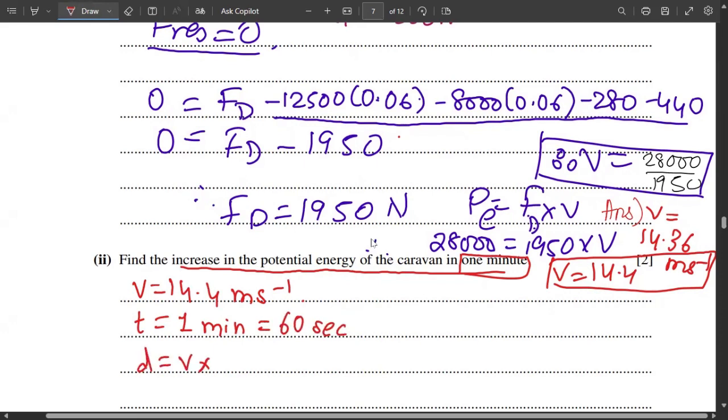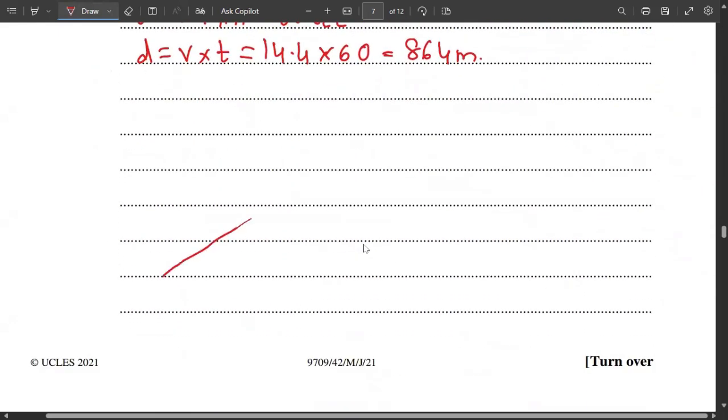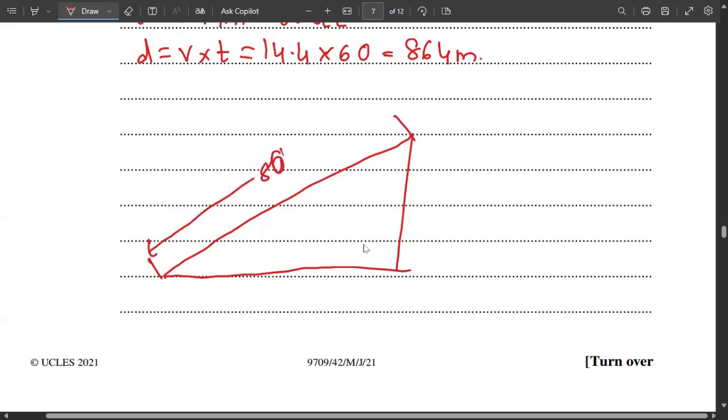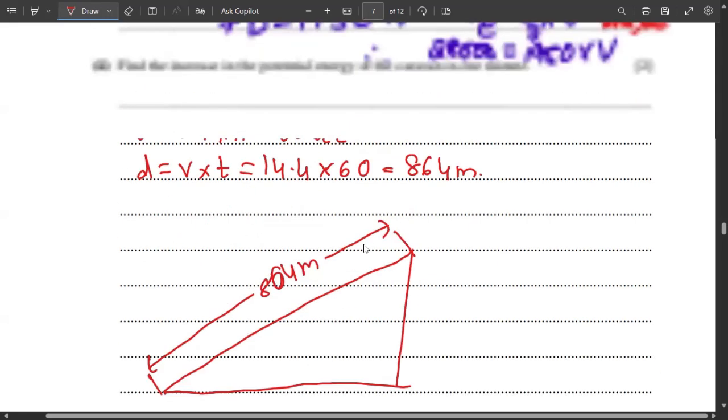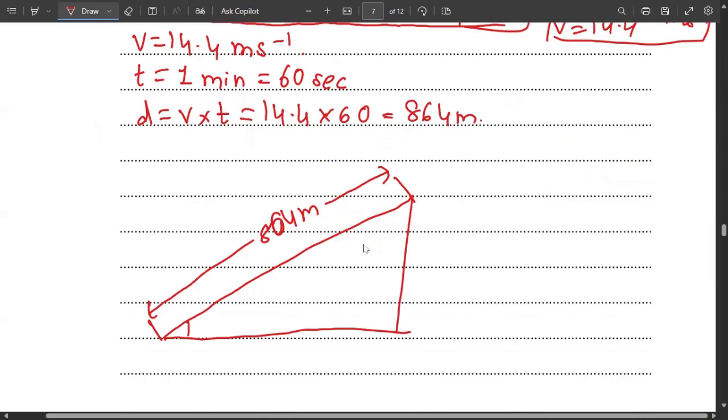Distance is equal to velocity into time, which is 14.4 into 60, which is 864 meter. So that means in 1 minute, the car will be traveling 864 meter upward. Now we also know that the angle is sine inverse of 0.06.